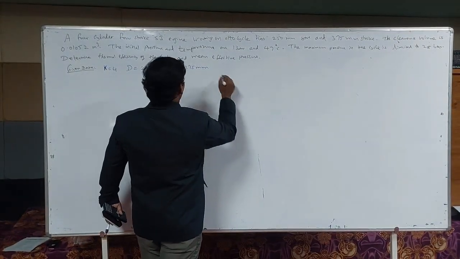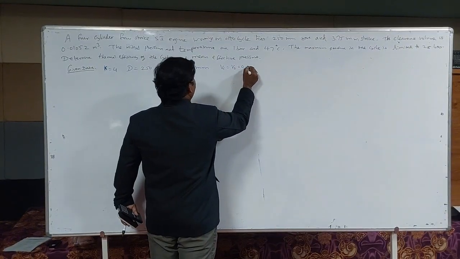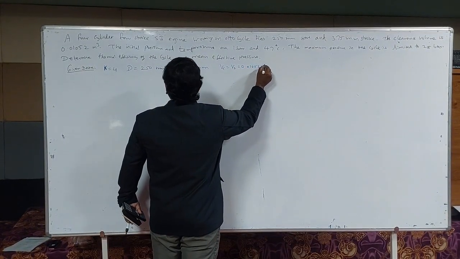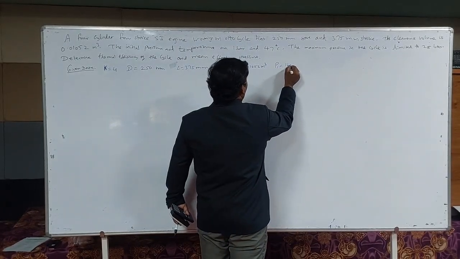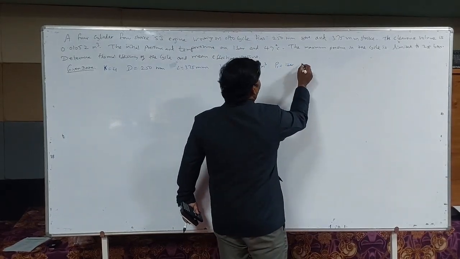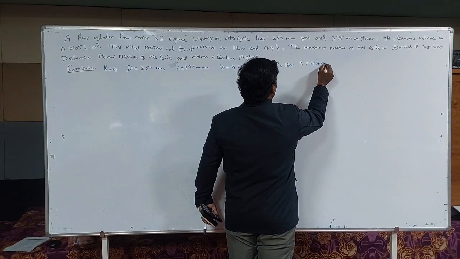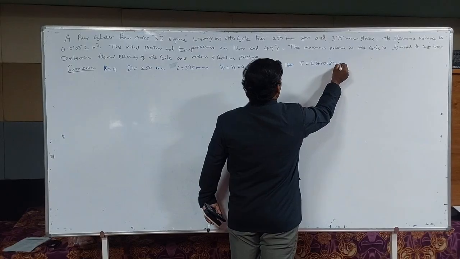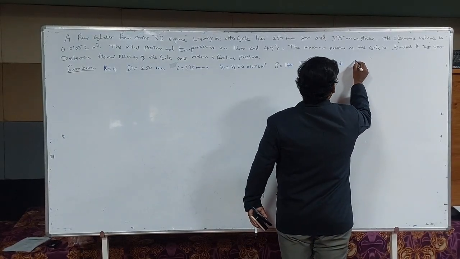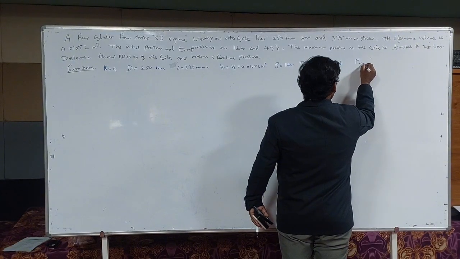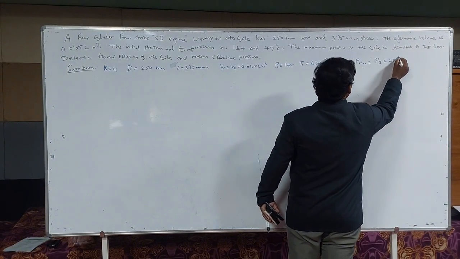The clearance volume is Vc, that is equal to V2, is 0.01052 meter cube, and pressure at the inlet, at the initial stage, is 1 bar, and initial temperature is 47 plus 273, 320 Kelvin. The maximum pressure in the cycle is Pmax, that is equal to P3, is equal to 25 bar.